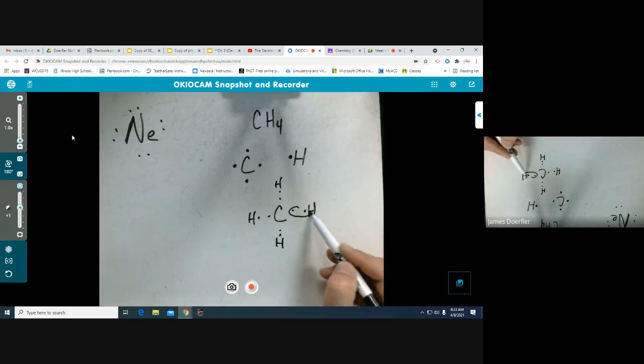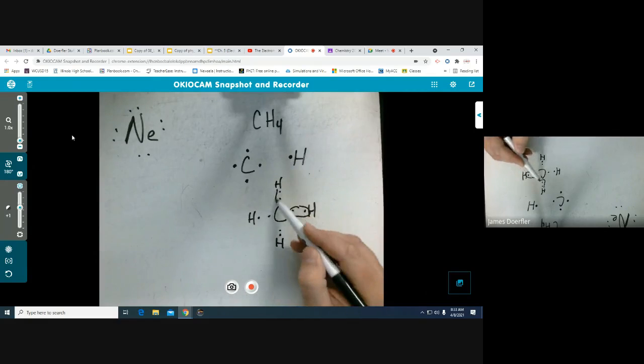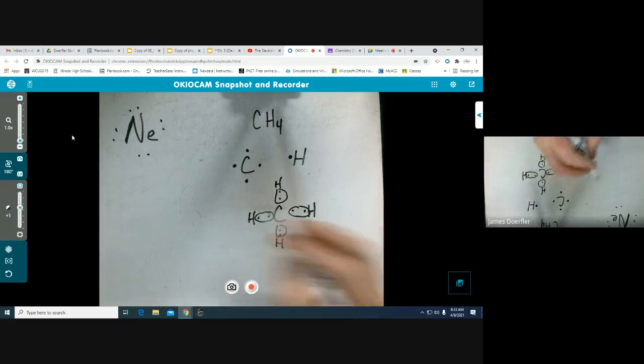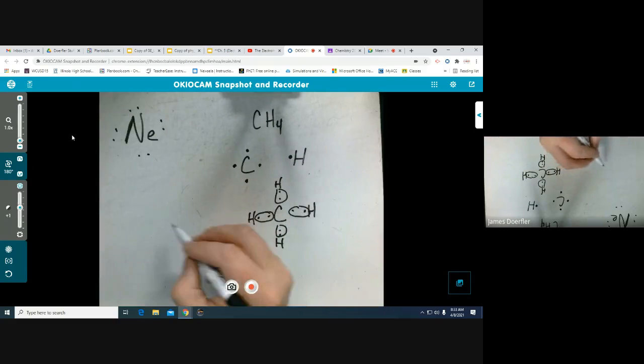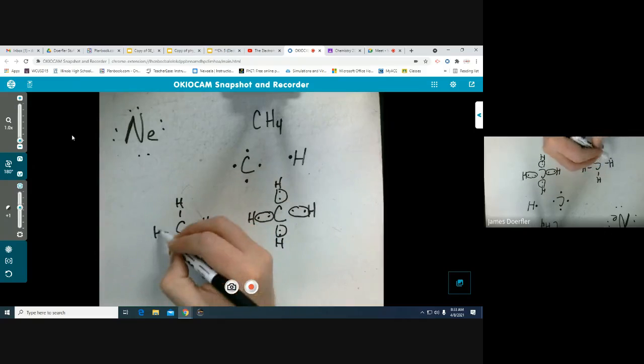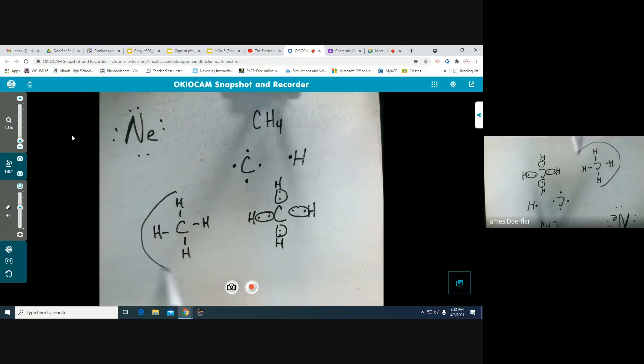And so we've got these that are sharing, those that are sharing, those that are sharing, and those that are sharing. So the Lewis structure for CH4 will be finalized with this structure. Okay? So that's what CH4 will look like.